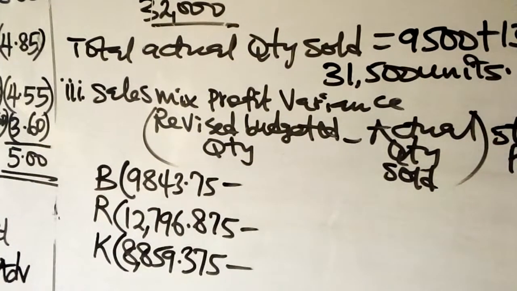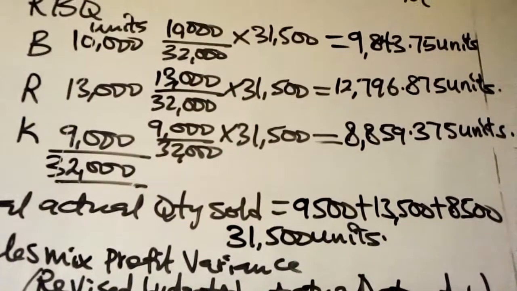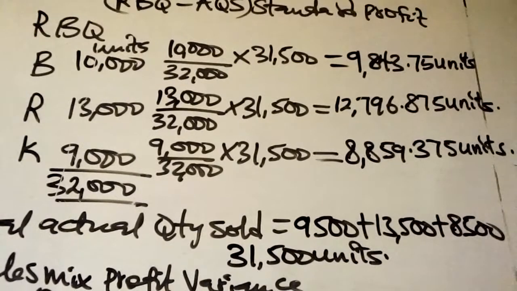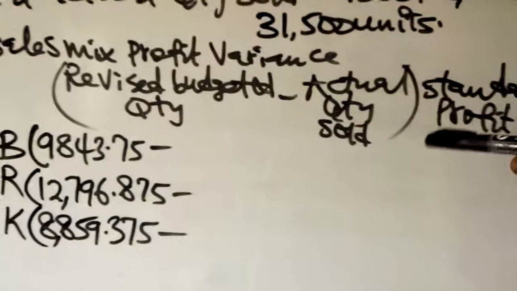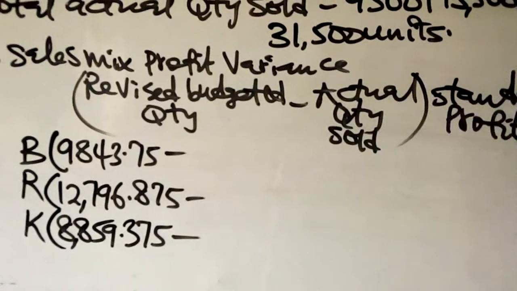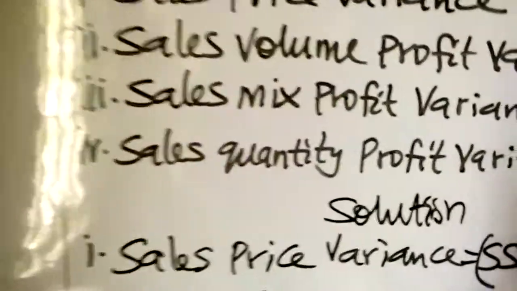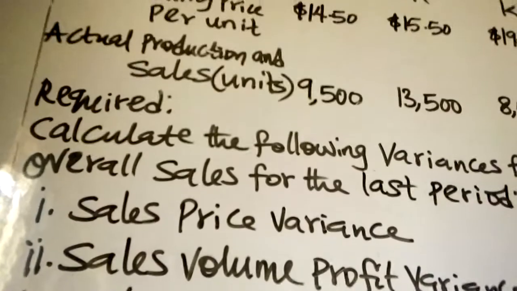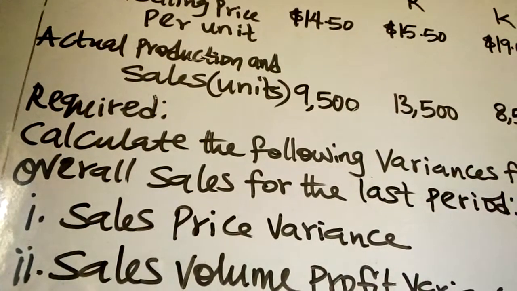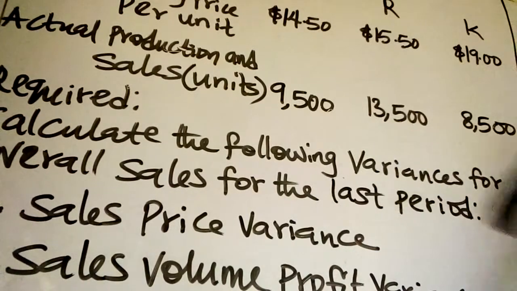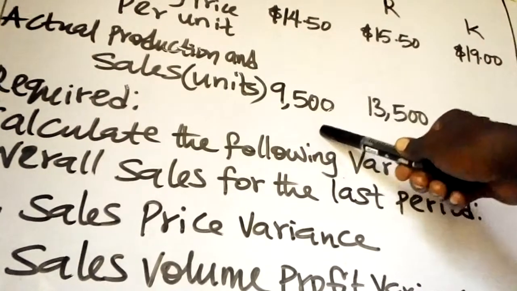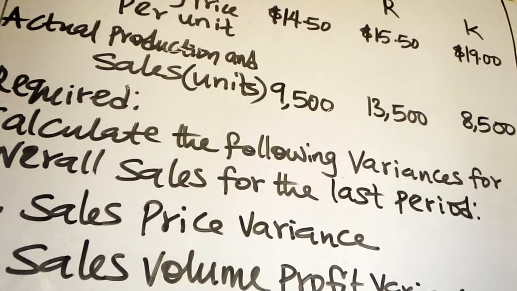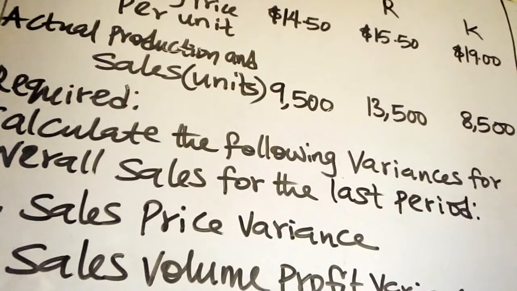Minus actual quantity sold. You go back to our revised budgeted quantity as calculated above. Then we also need the actual quantity sold. And what is our actual quantity sold? You go back to where you have information about actual production and sales in units: 9,500, 13,500, and 8,500 for B, R, and K respectively.